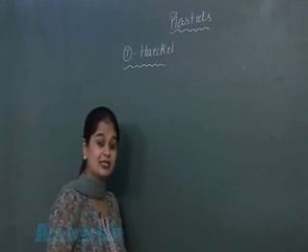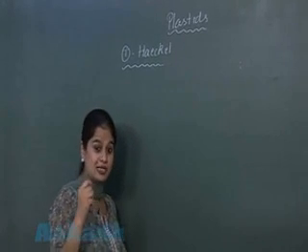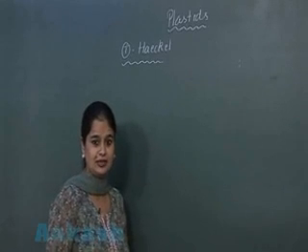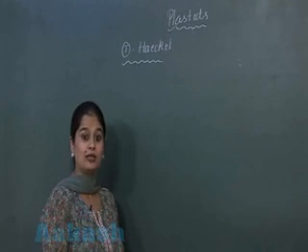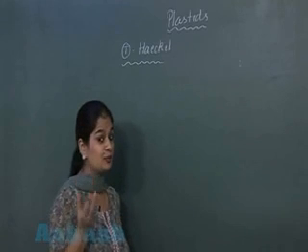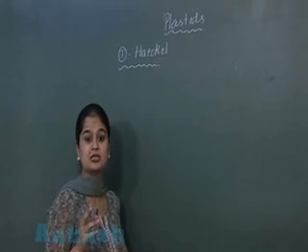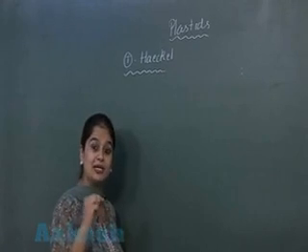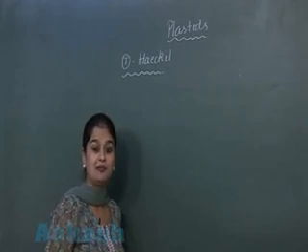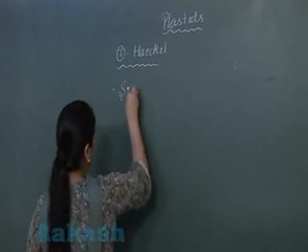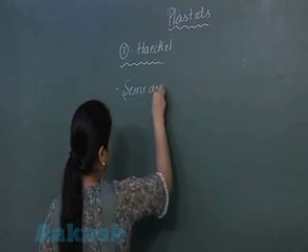Now the plastids are cell organelles which are semi-autonomous. They possess double-stranded DNA, and again just like the mitochondria, they possess an envelope which consists of two membranes. So they have a double membrane envelope just like the mitochondria.